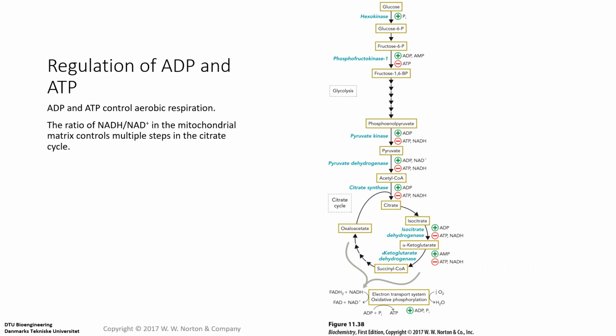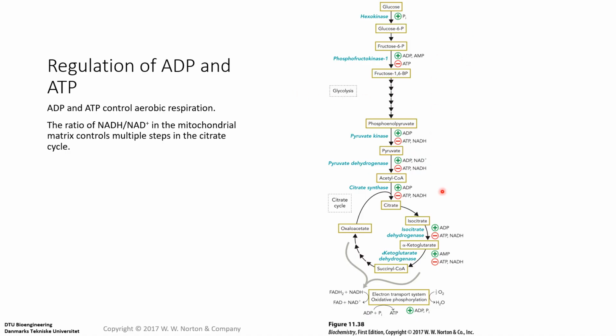So we are done. We've been through all the way from glucose to water. We have glucose fully oxidized into CO2 and water. We have the oxidation of oxygen. And as you can see on this slide, there's a lot of regulatory elements. We already talked about those in many places.